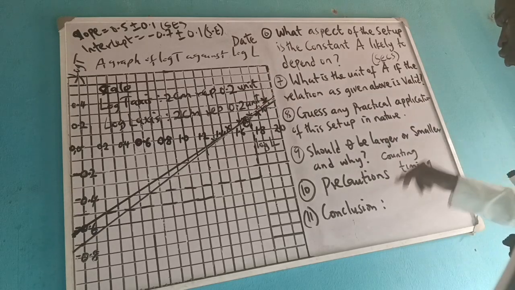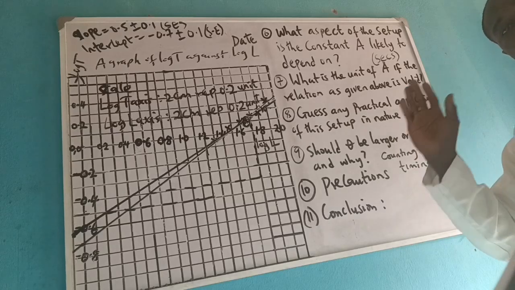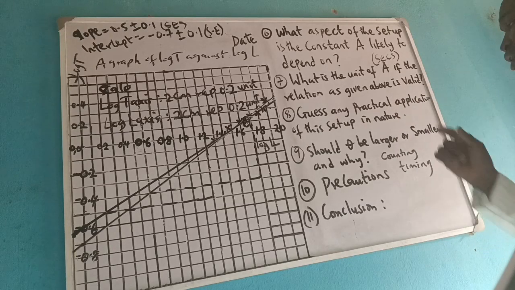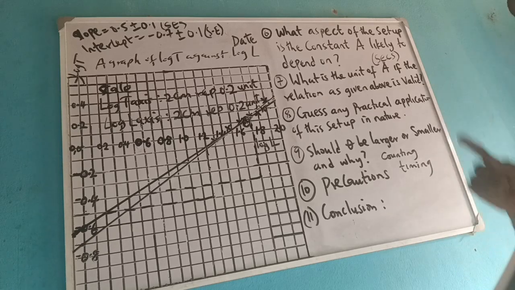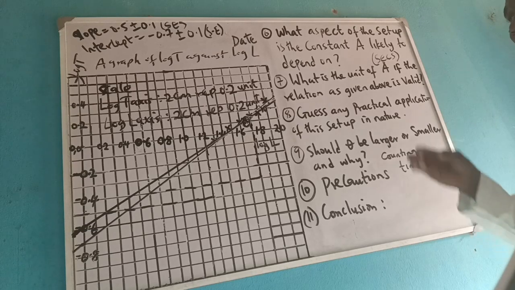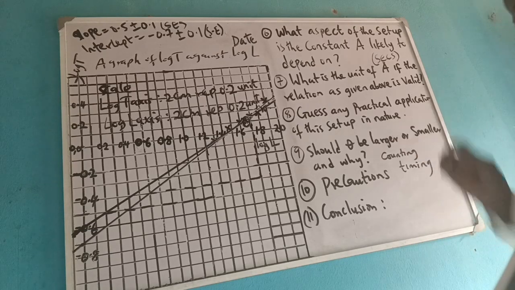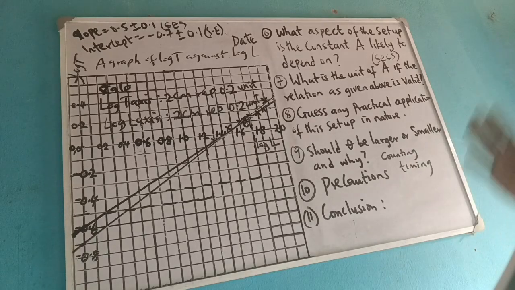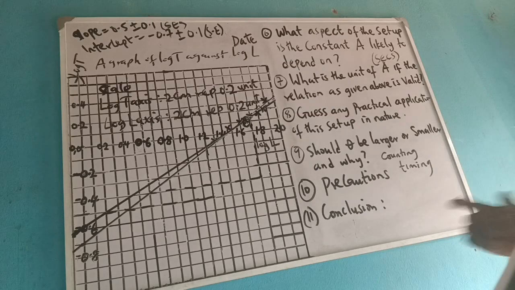And so you need to shut your windows and doors to make sure that air resistance is avoided. Also, faulty equipment was avoided by ensuring that the stopwatch and other equipment are in good state. You understand? So all these precautions, don't forget to include them as you are done with everything.